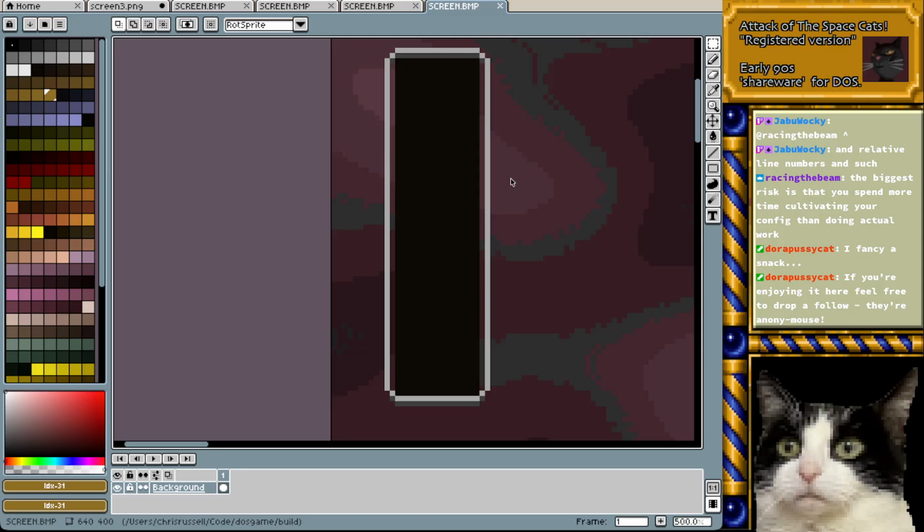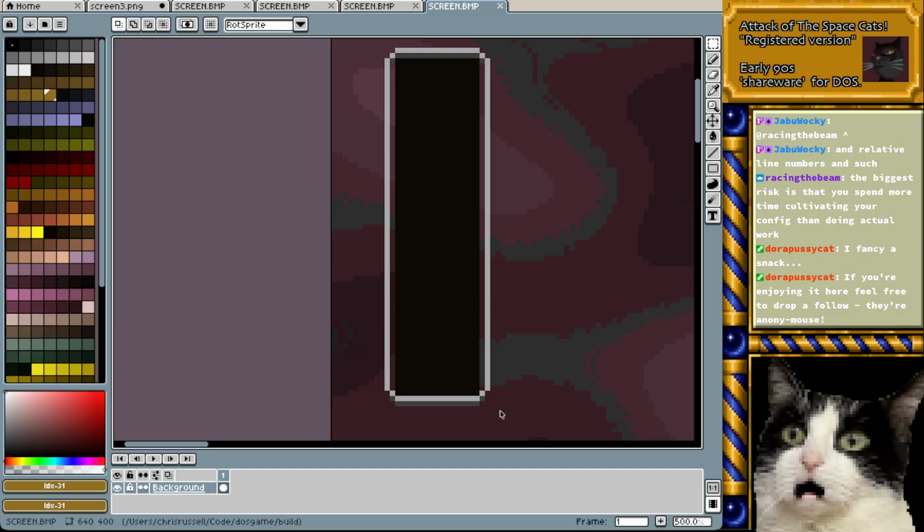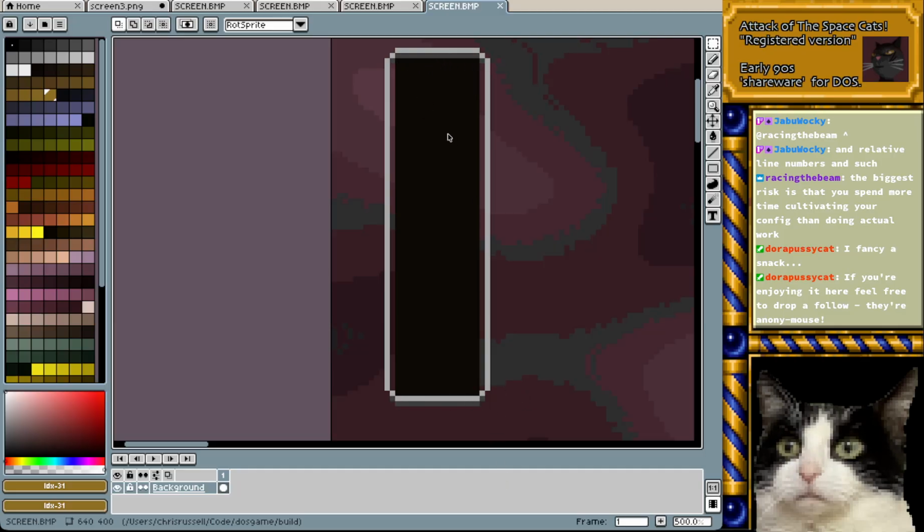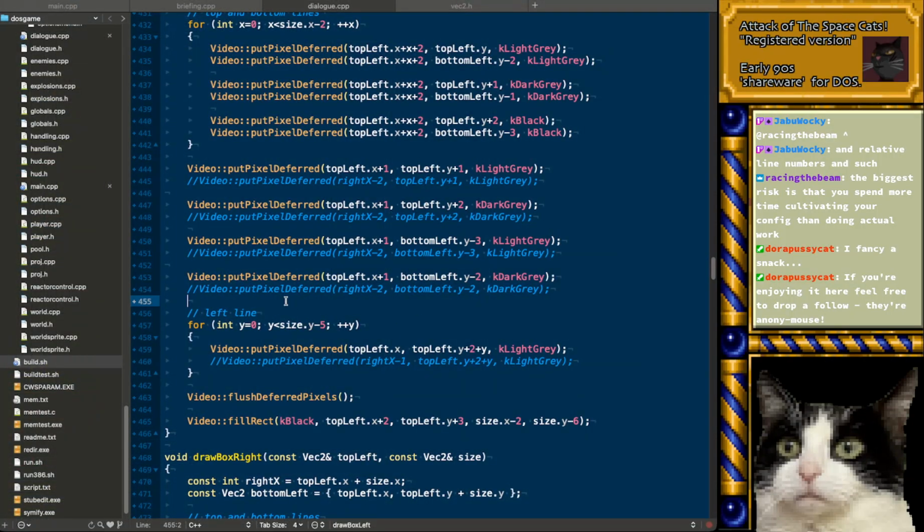I think what I was doing before was filling in the whole thing and then drawing the corner pixels over the top. It's confusing. Was it? That seemed a bit strange.